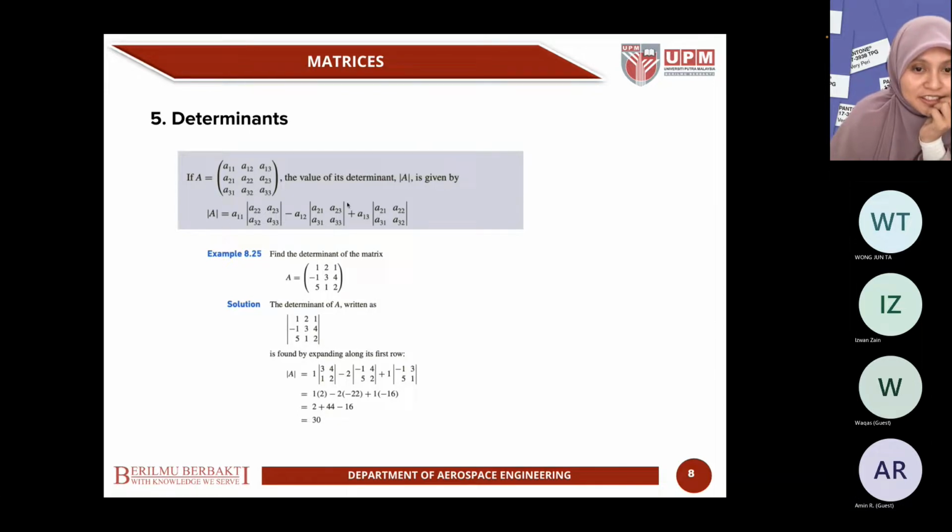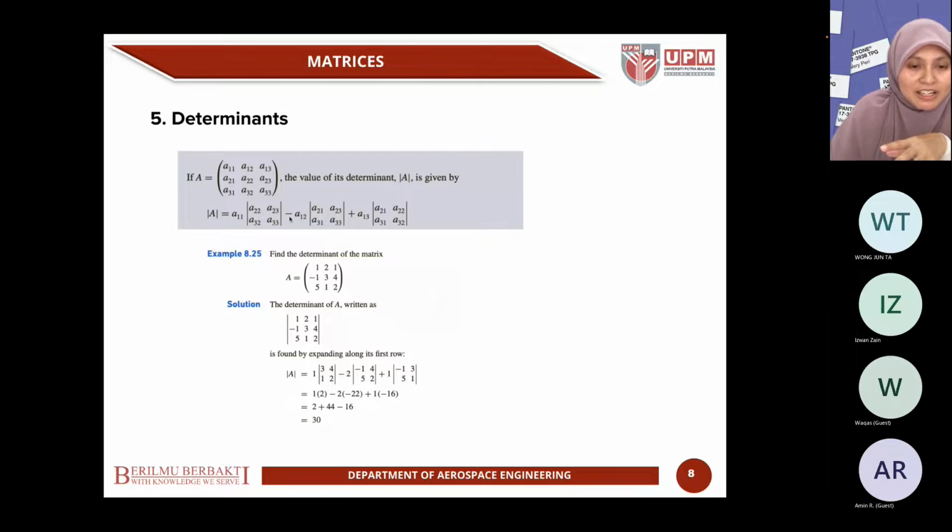The determinant of A we write as an absolute value like this. Like I mentioned last week, for the first one, A11, we just slash the first row and the first column. So we only focus on this square matrix A22, A23, A32, and A33.